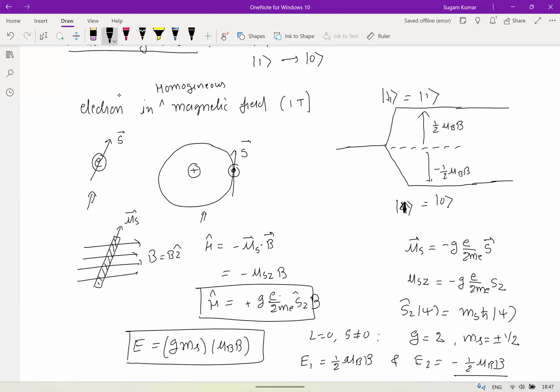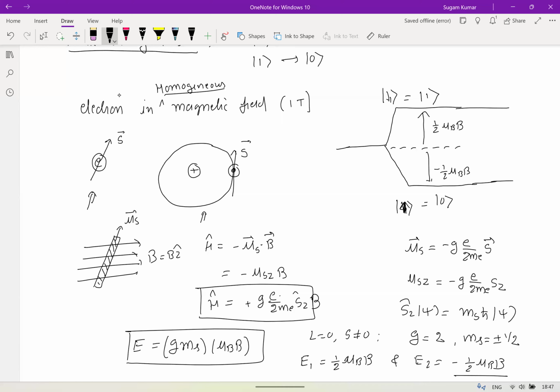So when you place an electron, whether it is a bare electron or an unpaired electron in an atom, in both situations this electron spin is going to behave like a bar magnet, and this bar magnet is going to be placed in the magnetic field. And the magnetic field is homogeneous, as I mentioned, so this spin is going to align itself in the possible directions, and as a result these two states are going to be observed.